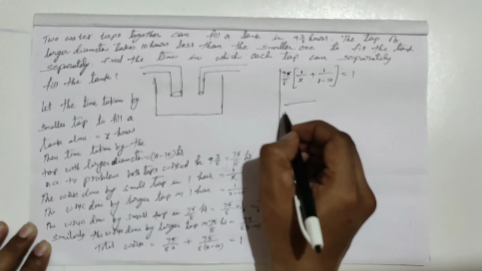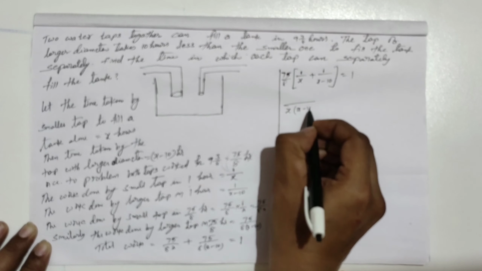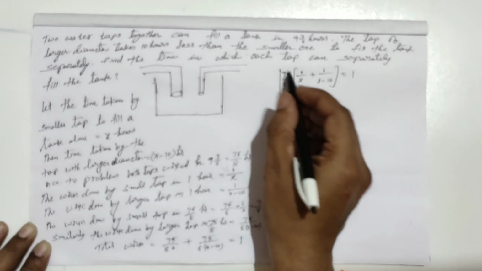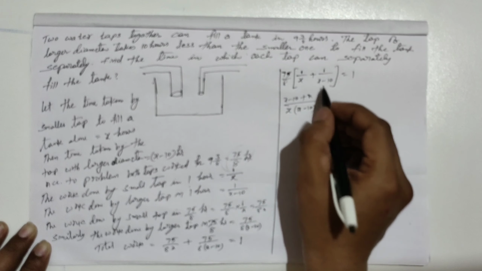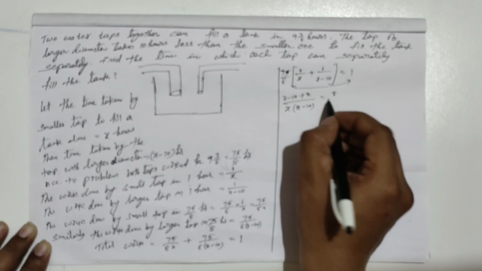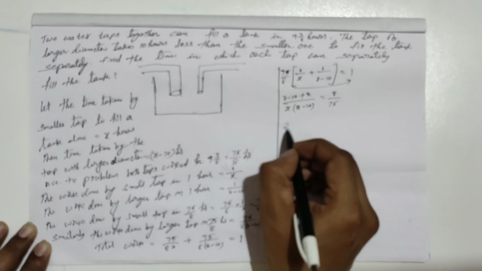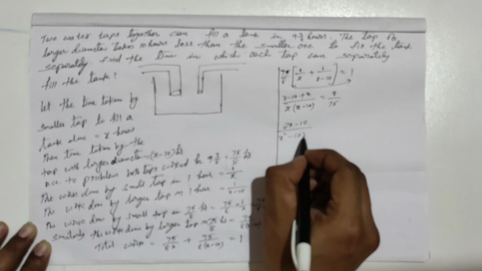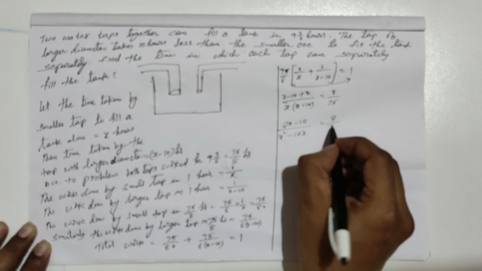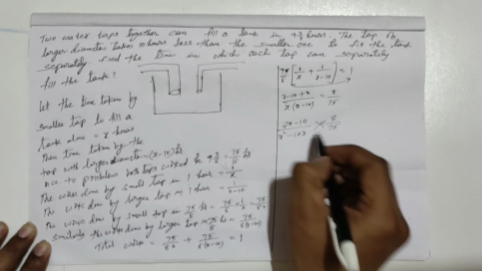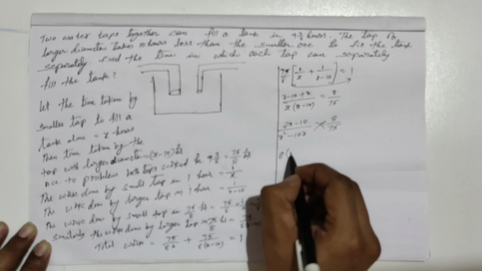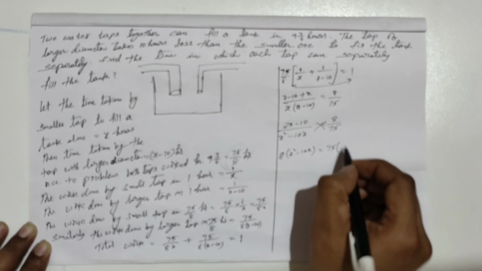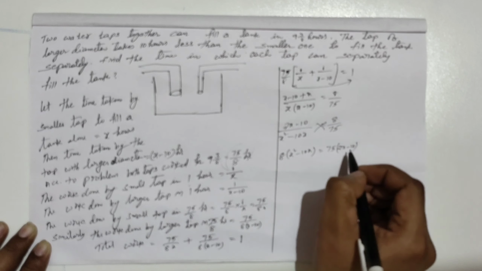Now take LCM. x into x minus 10 is the LCM. So now x minus 10 plus x. Now transpose this 75 by 8 to this side, then we get 8 by 75. Now here 2x minus 10 by x square minus 10x is equal to 8 by 75. On cross multiplication, 8 into x square minus 10x is equal to 75 into 2x minus 10.